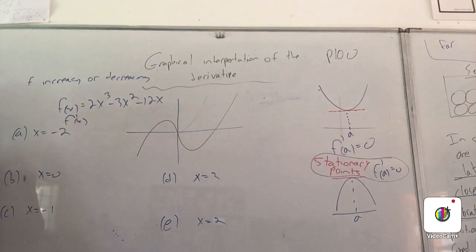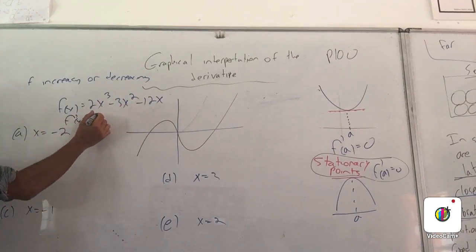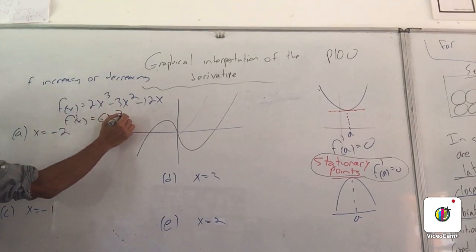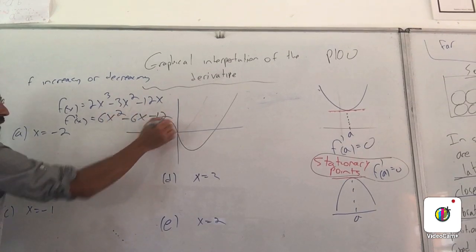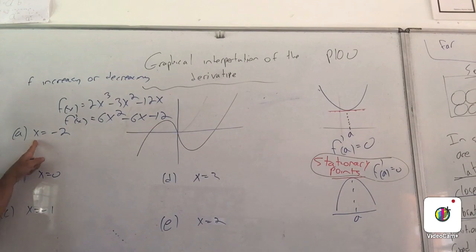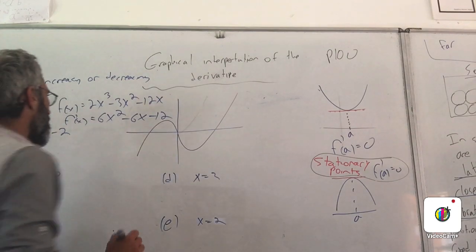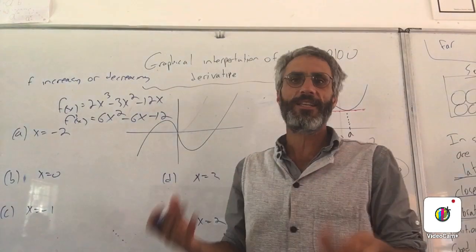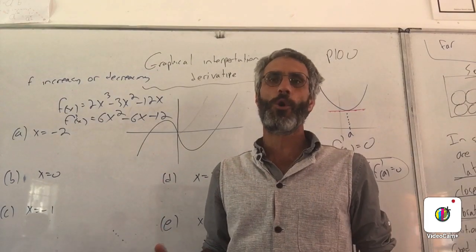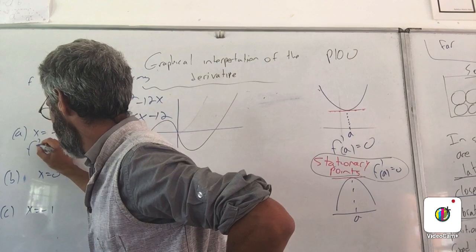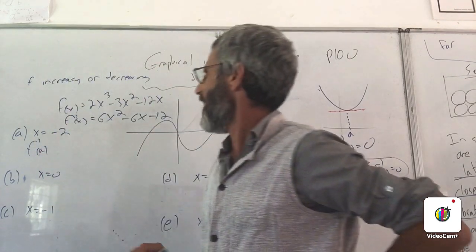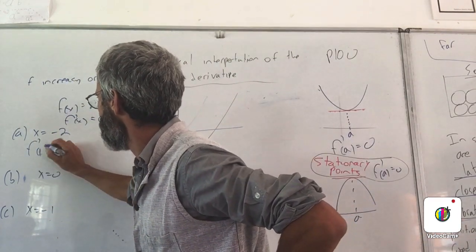What is the derivative? I would say 6x squared minus 6x minus 12. Now, at x equal -2, I want to know if it's increasing, decreasing, or maybe it's a stationary point. So I need to assess the derivative at x equal minus 2.